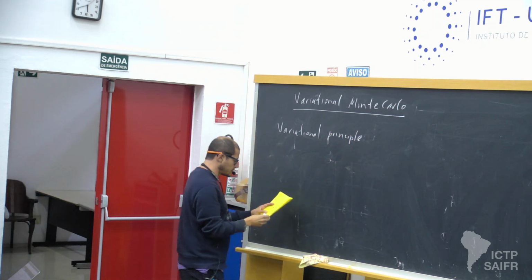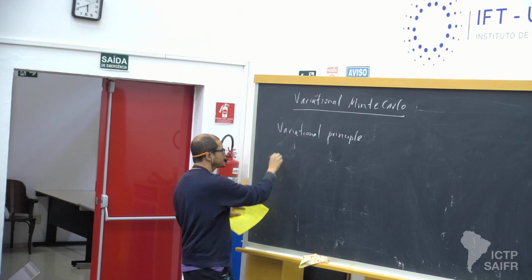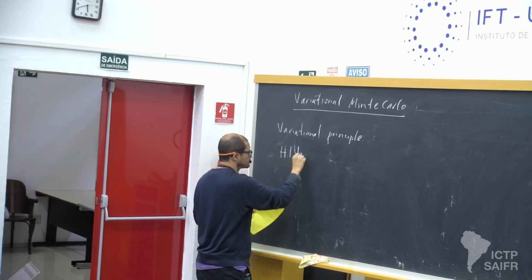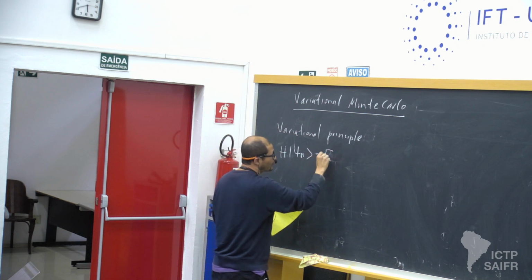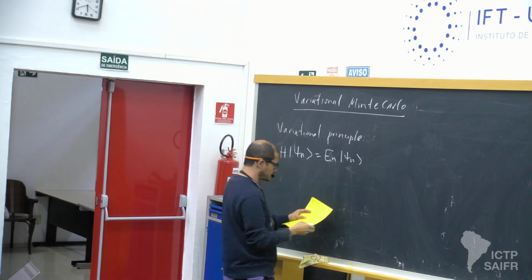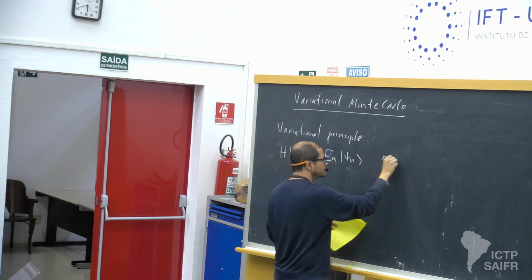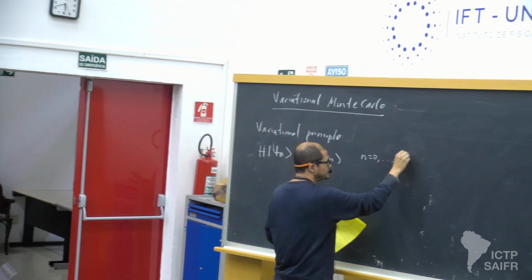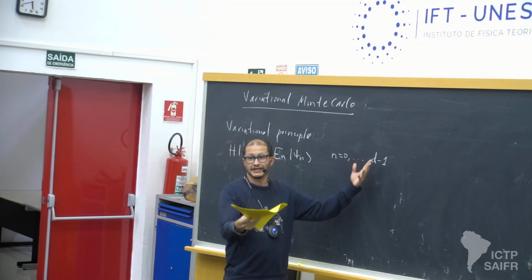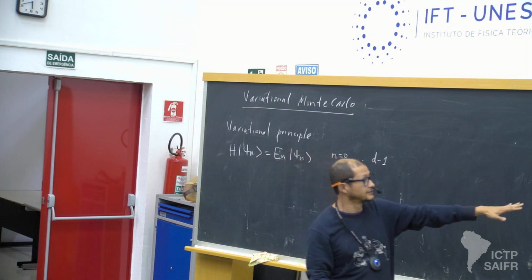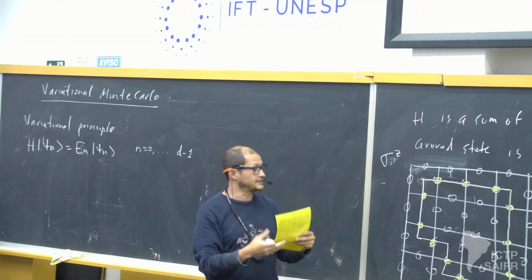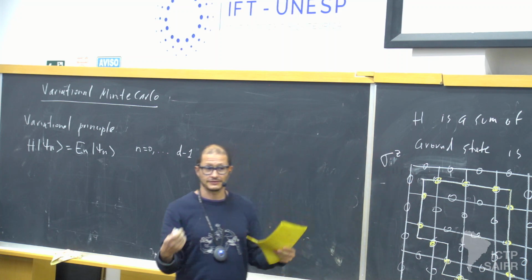Suppose you have some Hamiltonian, and imagine you know its spectrum, the eigenstates psi n. We don't know it, but we imagine we know it, where n goes from 0 to the dimension of the Hilbert space minus 1. This dimension can be very large; the dimensionality for the toric code was 2 to the number of spins in the lattice, so that's quite a lot.